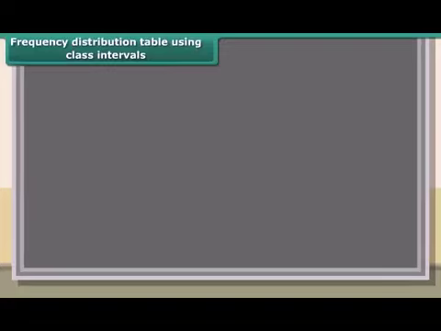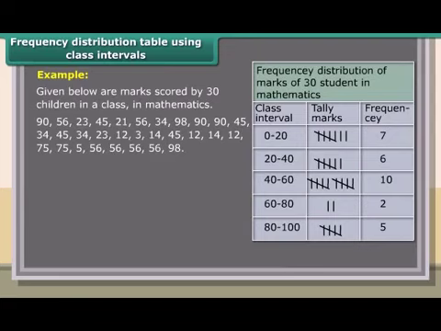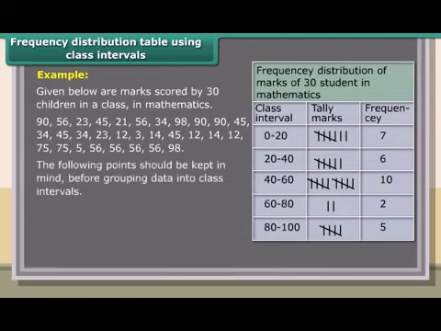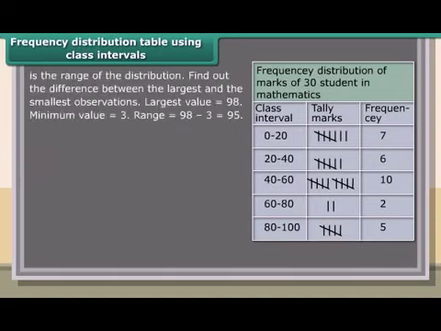Frequency distribution table using class intervals. Example. Given below are marks scored by 30 children in a class in mathematics. The following points should be kept in mind before grouping data into class intervals. 1. When you group data into class intervals, the most important factor to take into consideration is the range of the distribution.